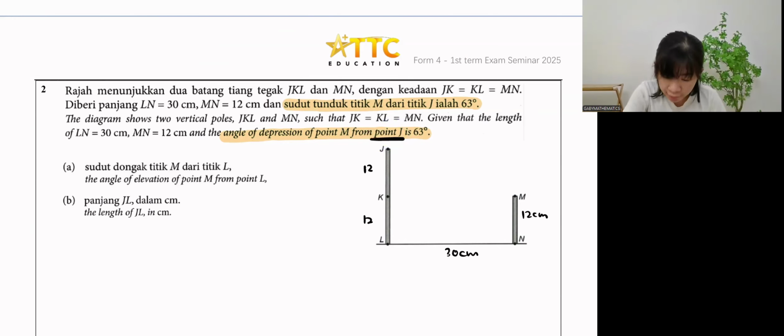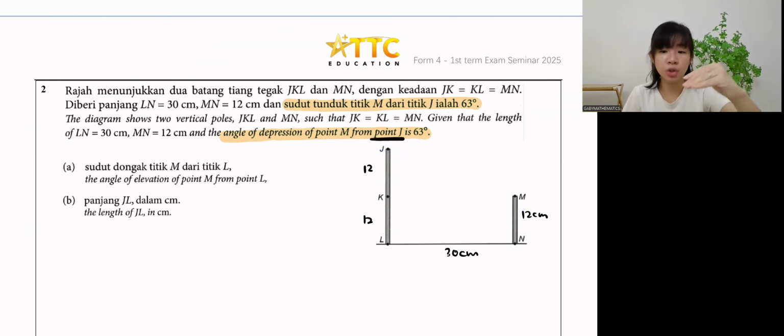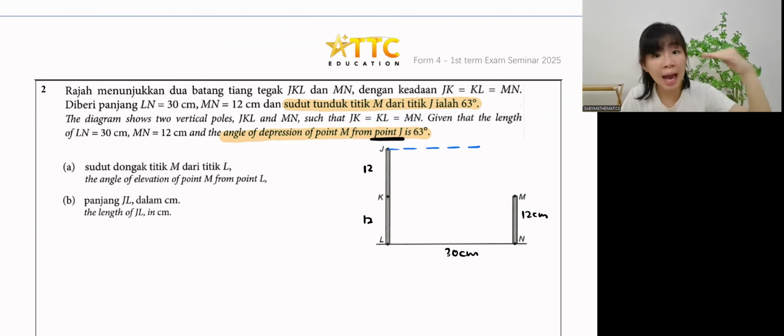Okay, you find J first. Every time if you know from J, don't straight away draw the line down to M. No, you need to draw a horizontal line first, which is your eye level. You know that you're going to view from J, but before you look down, from J you draw a horizontal line, as though this is the eye level.